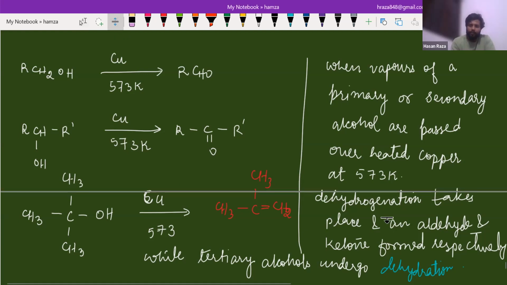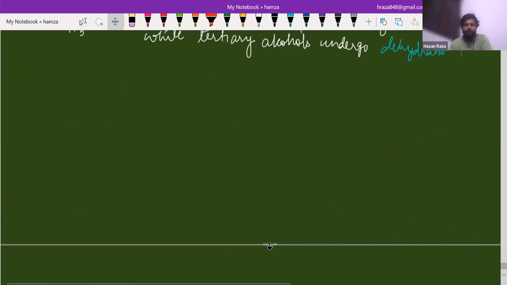Very good. Now we are going to study the reaction of phenols. This is very easy. So see how we are going to see the reaction of phenols.